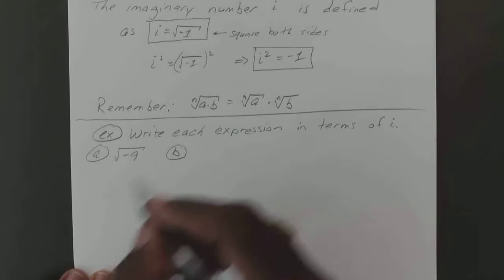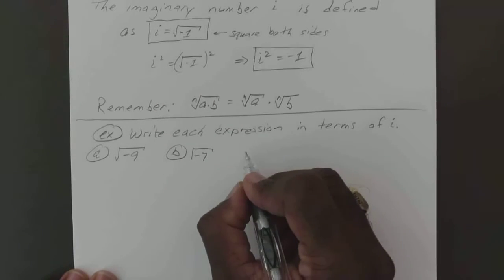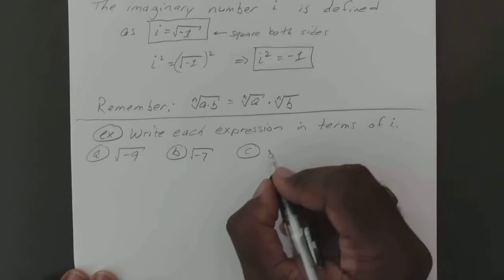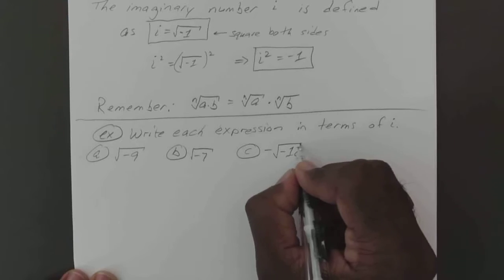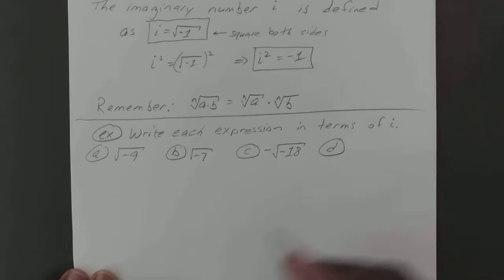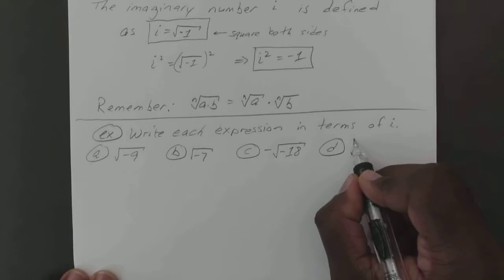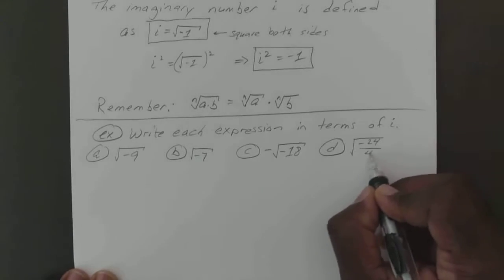For problem B, the square root of -7. For problem C, the negative square root of -18. And for problem D, let's make that the square root of -24/49.